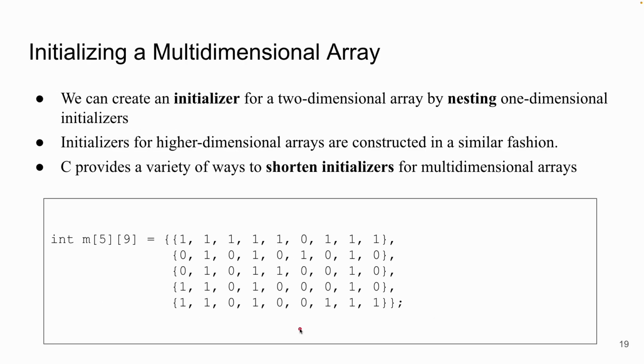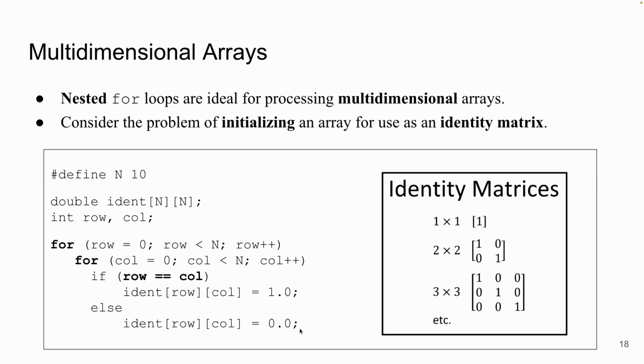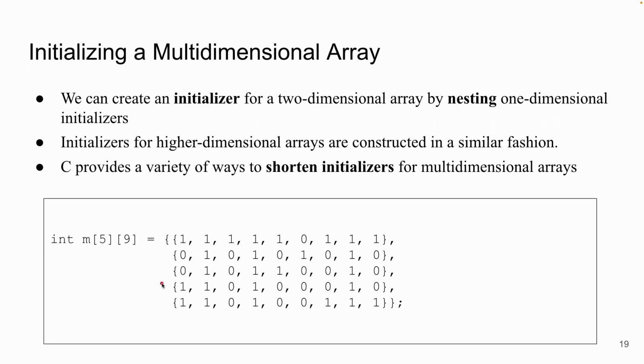Okay. So the next thing is, we can definitely initialize or assign values to the 2D array using these two for loops. But C also provides another way to initialize a 2D array, that is the initializer. This is the initializer for the 2D array here.